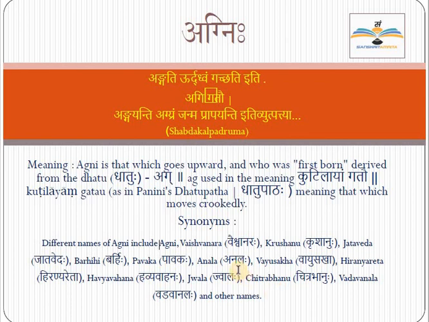I think Analaha is used in the Ashtanga Hridaya, in the Charak Sanhita, in the Susrut Sanhita. In all these Ayurveda manuscripts, the word Anala is given, Pavaka is used, Vadvanala is used. So Vesvanara you can use, right? You can remember a few of these synonyms for exam purpose, alright, and write them in the answer sheet.